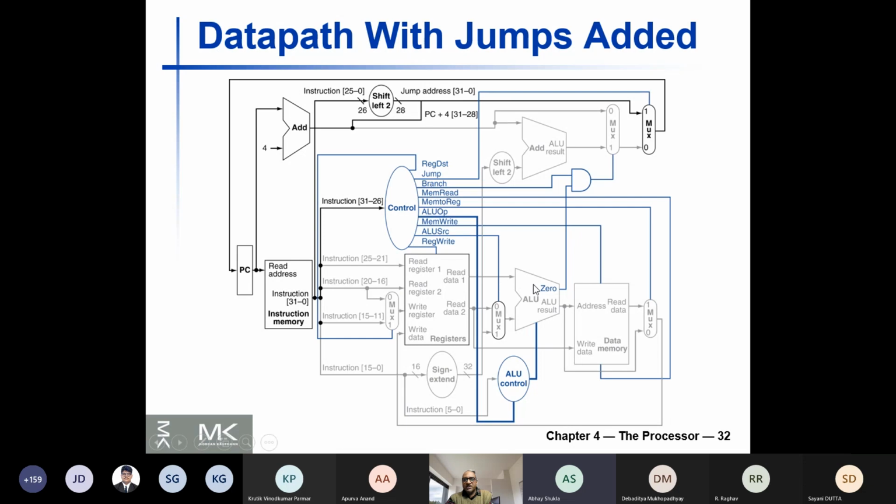The ALU operation has to be performed, data fetched from the data memory has to be activated, and then again writing to the register file. So there are several activities that take place in the case of a load instruction, whereas in the case of a jump instruction the activity is very less: just fetching, preparing the jump address and feeding back, and then the next instruction will be fetched.